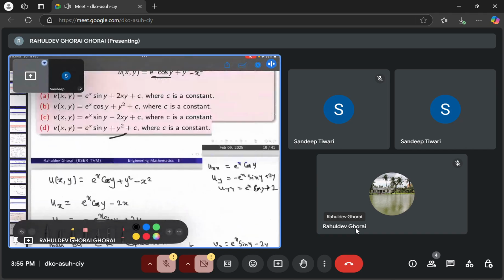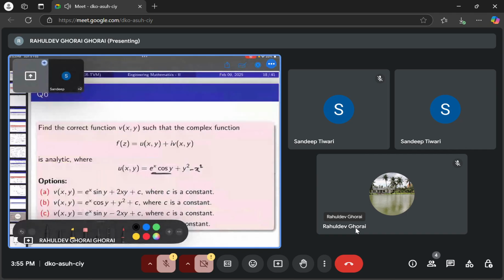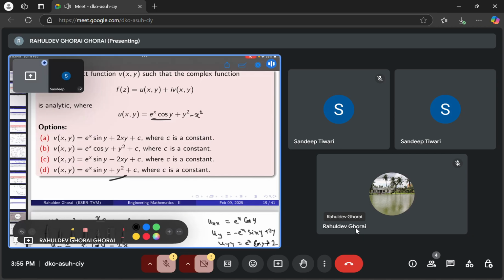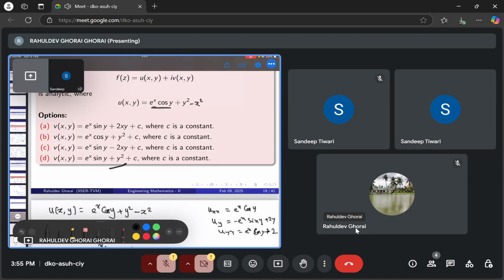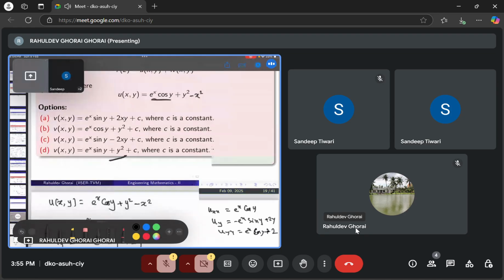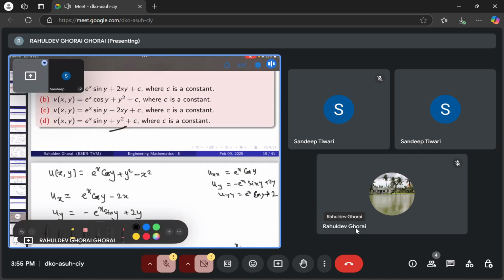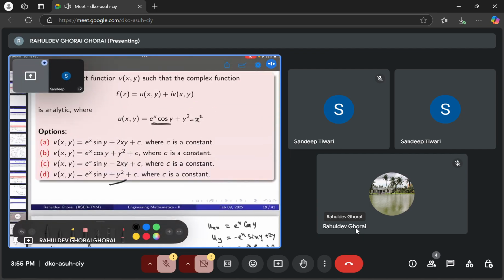So we start with u of x, y equal to e to the power x cos y plus y square minus x square. So uxx plus uyy is 0, right? We are not making any issue there. ux will be e to the power x cos y minus 2x.